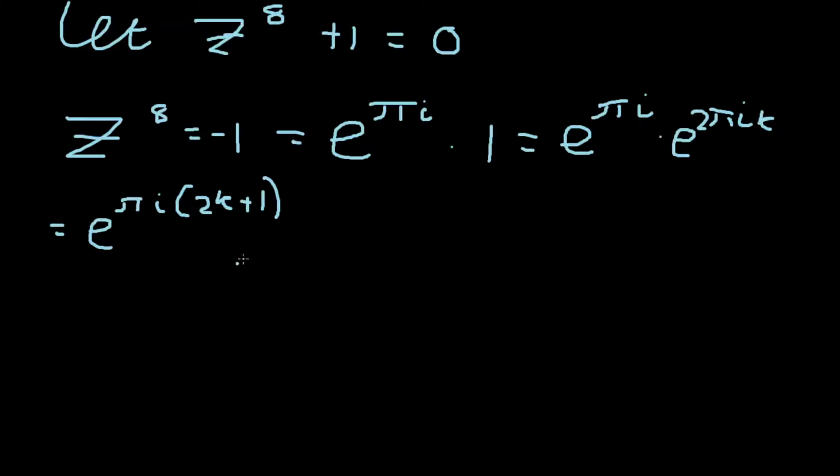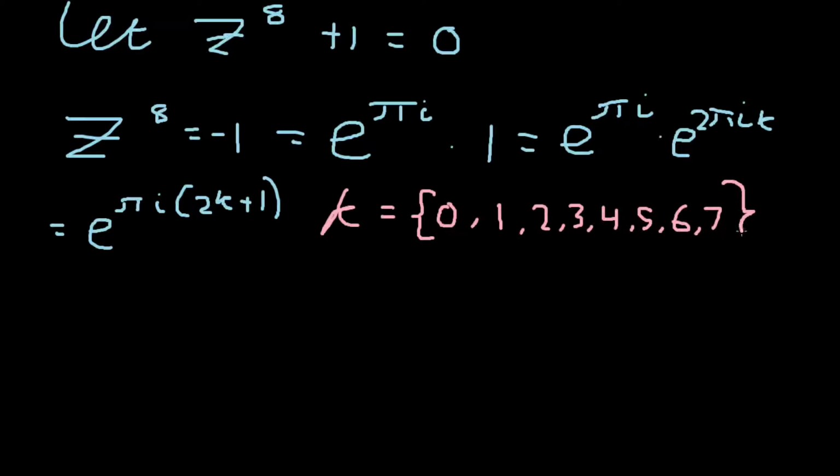And for any value of k, this here is equal to negative 1, which is equal to z to the 8th power. But let's write 8 values of k, so let's say the set of k values is 0, 1, 2, 3, and so on. And when plugging any of these k values in here, you get negative 1.